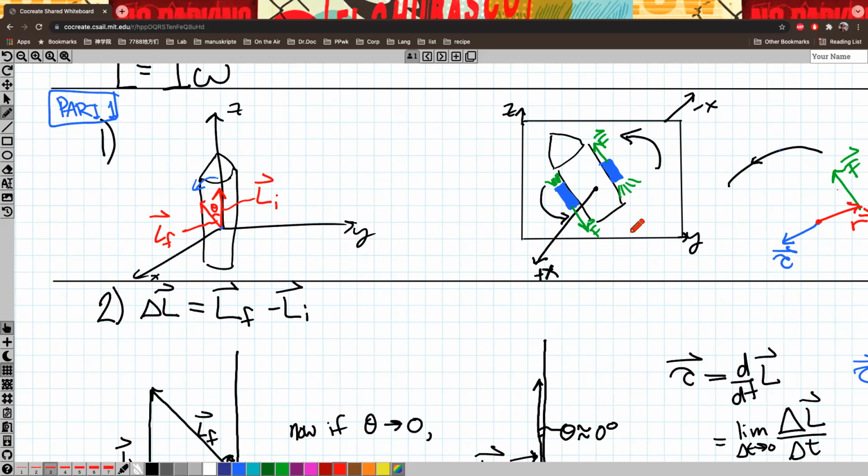Yeah, but the question here is at what time should the thrusters be blasted? Oh yeah, we have tau times time equals L. The torque is approximately constant during a small time interval.